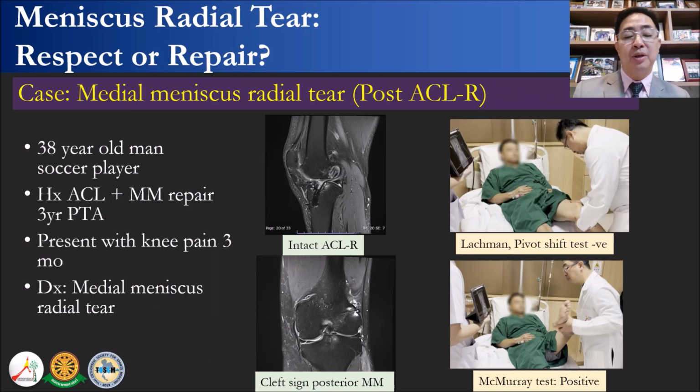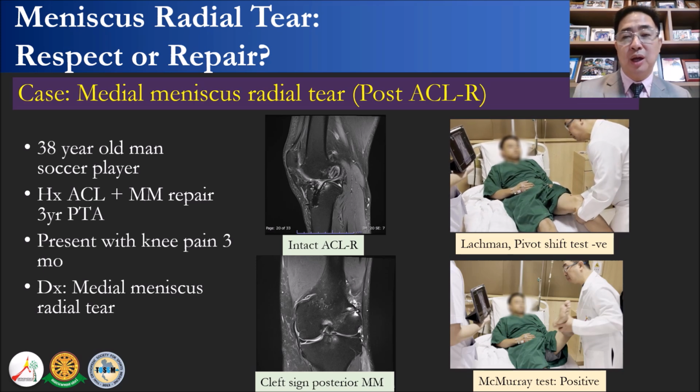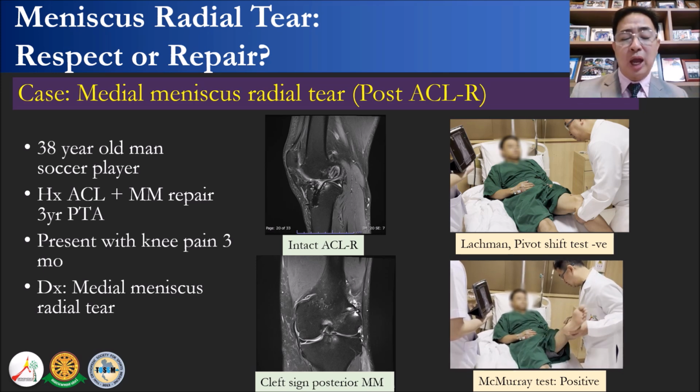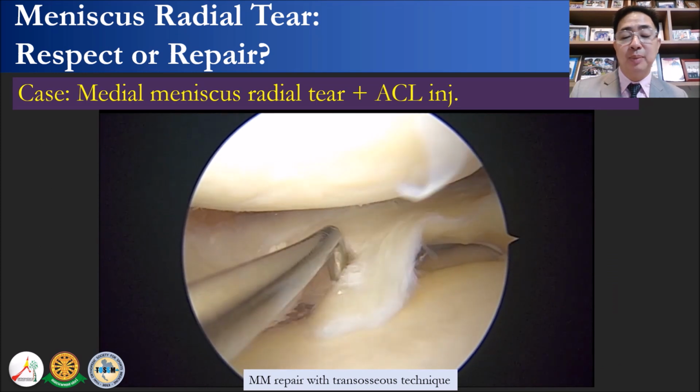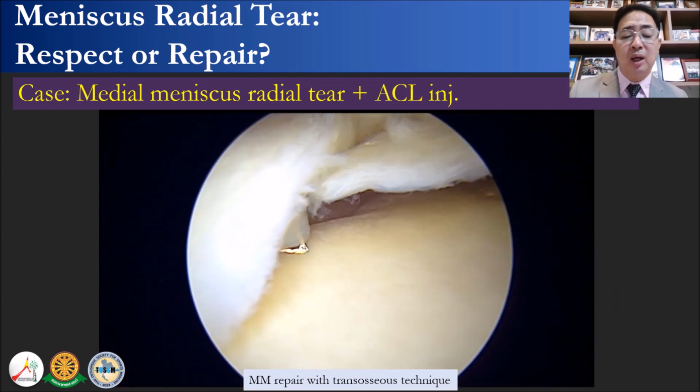So this is another patient with a complex radial tear of the meniscus. He had ACL reconstruction and meniscus repair 3 years ago. He was doing well and then had another injury. He has an intact ACL, Lachman is negative, but McMurray is positive on the medial side. So I tried to save his meniscus, as he is still very young.